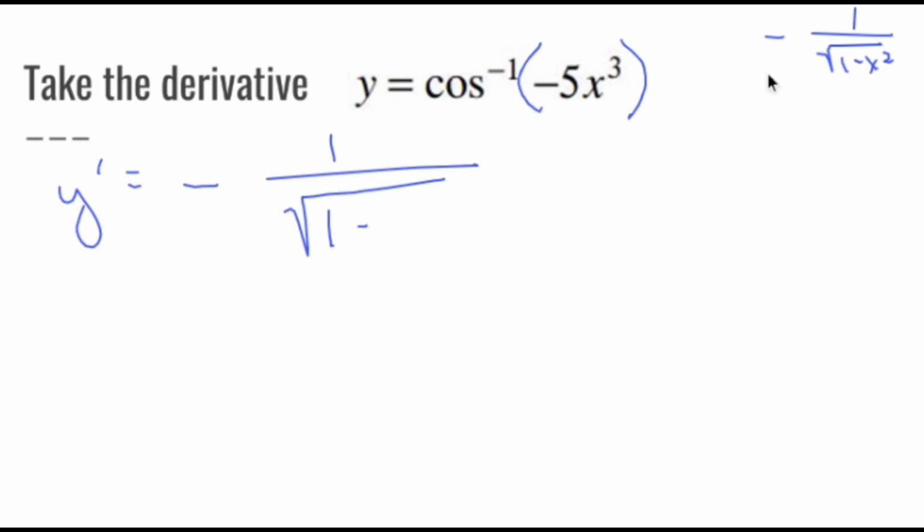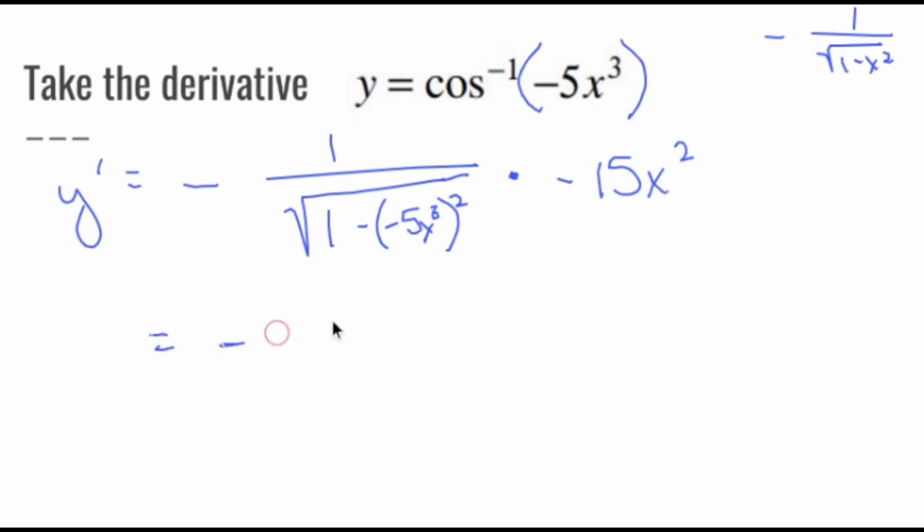So instead of x, I'm going to write out negative 5x cubed. So this is me keeping the inside stuff. Don't forget the squared. But then you multiply everything by the derivative of the inside stuff. So the derivative of the inside stuff is going to be 3 times negative 5, which is negative 15. I'm jumping the gun in my head. Turn that x to the third into x squared.